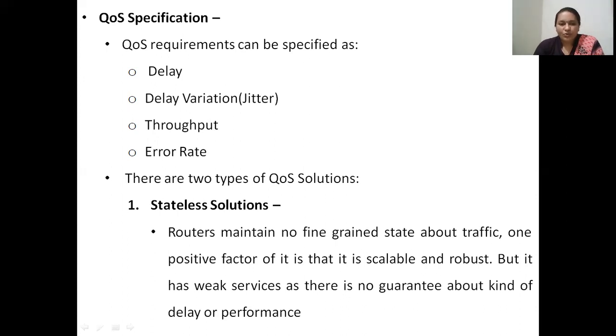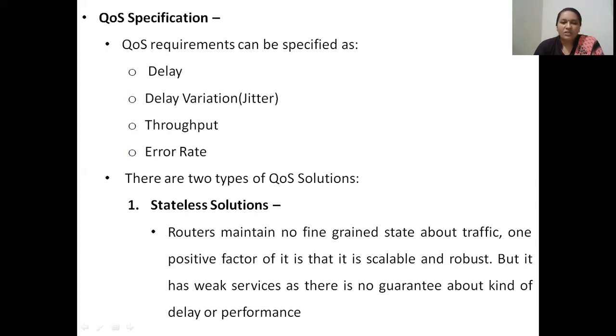There are two types of QoS solutions: stateless solutions and stateful solutions. In stateless solutions, the routers will not maintain any fine-grained information about the state of the traffic currently going on in the network.